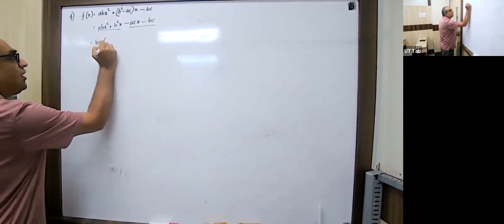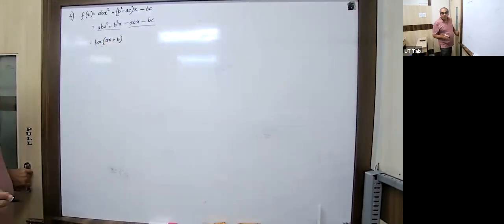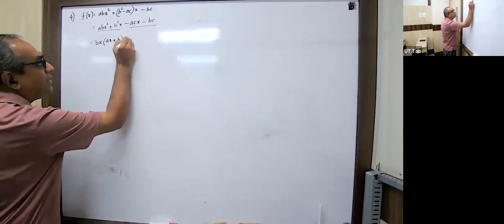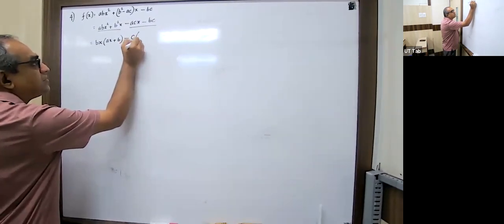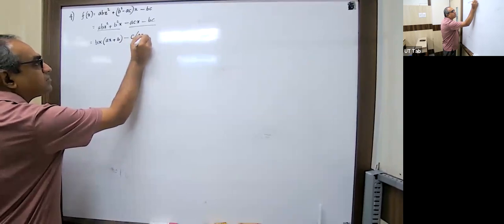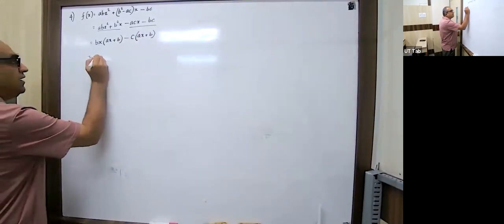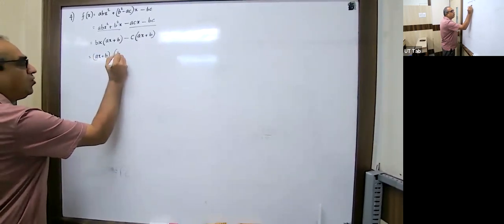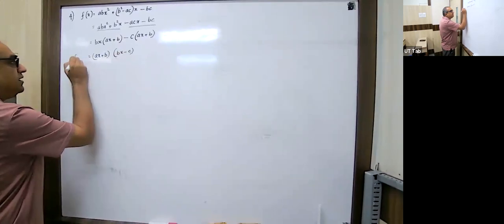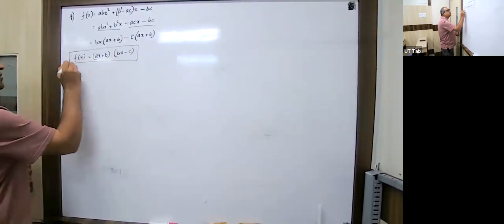Bx. So what am I left with? Ax plus B. Sign here minus. What's common here? C. So what are we left with? Ax plus B. That is Ax plus B into Bx minus C. This is my f of x.